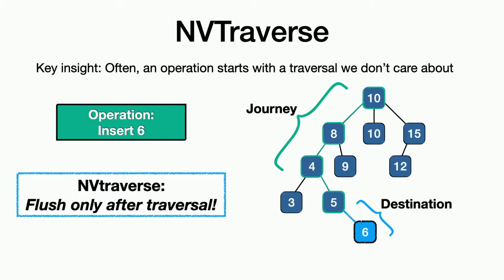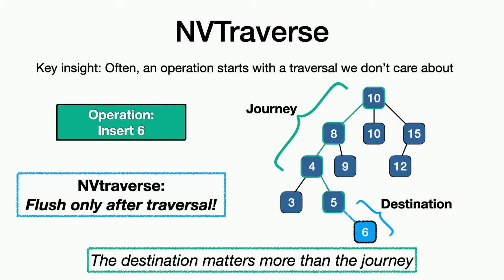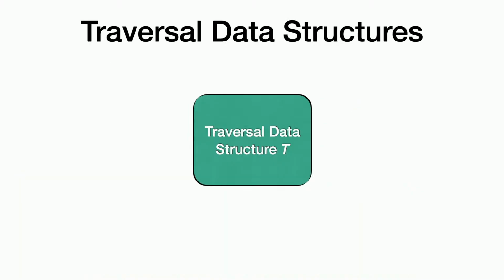Okay. We also gave it a funny name where we said, if you think of the traversal as the journey and the destination is the place you modify, in persistent data structures, the destination actually does matter more than the journey. So that was the funny title of our paper. Okay, so the idea is as follows.